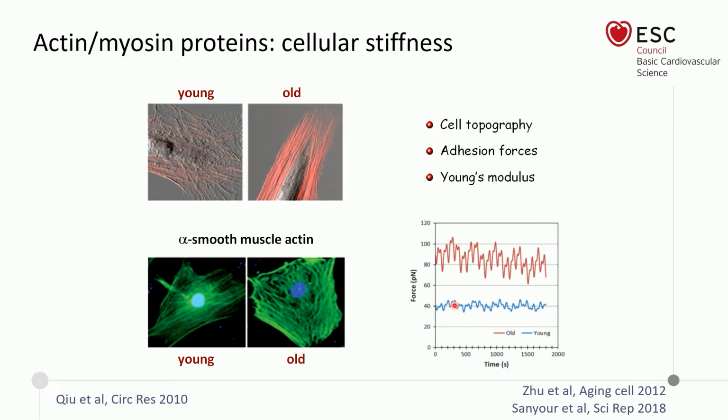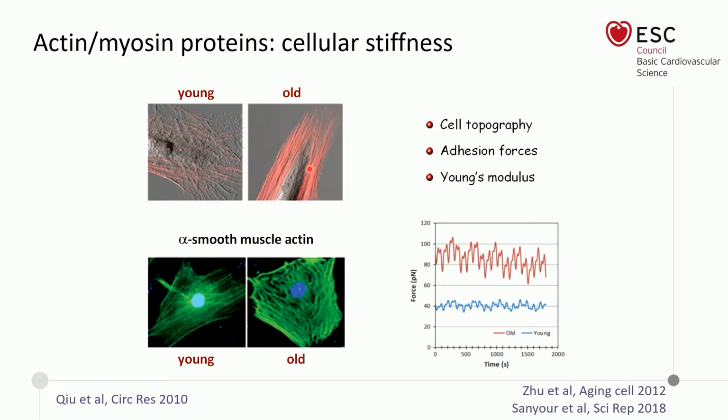We can see here in young and old monkeys the acto-myosin proteins, and you can see that the organization of cytoskeletal protein is much higher, the staining much greater, in the old monkey compared to the young monkey. So there is a complete reorganization of the cytoskeleton within the cell.